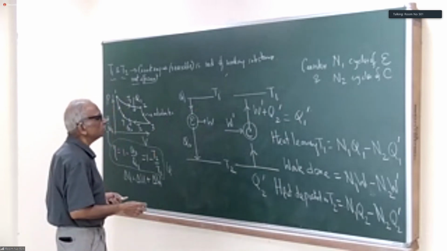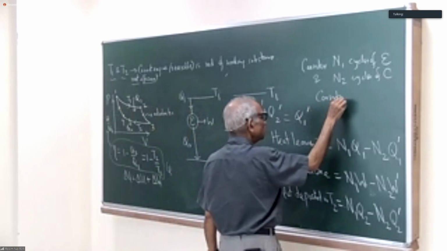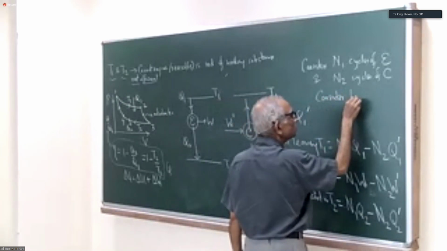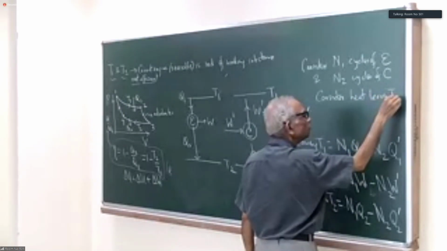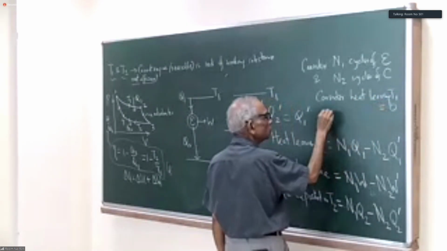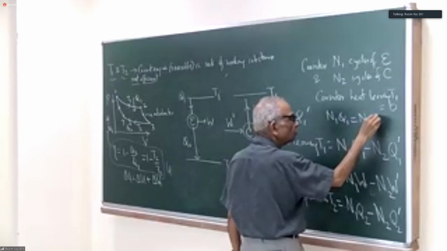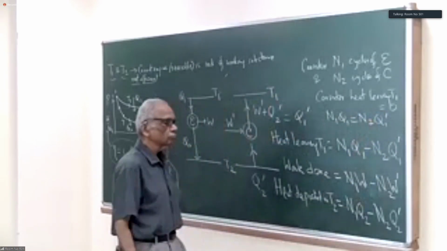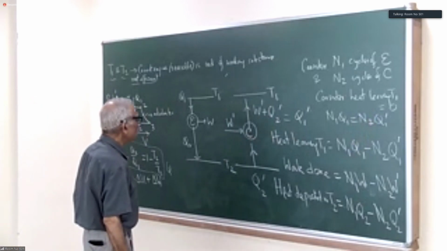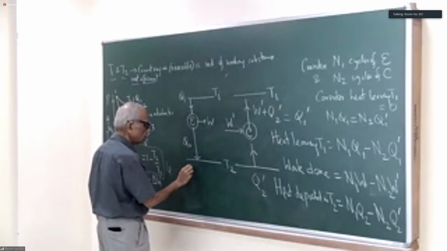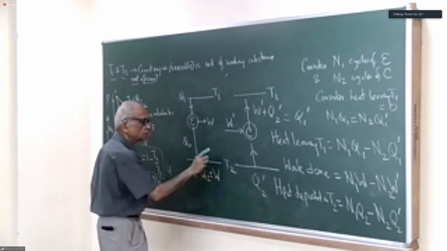So I'm going to consider heat leaving T1 equal to 0. So I have N1 Q1 equal to N2 Q1 prime. And over here also, Q1 minus Q2 is equal to W, just as over there.